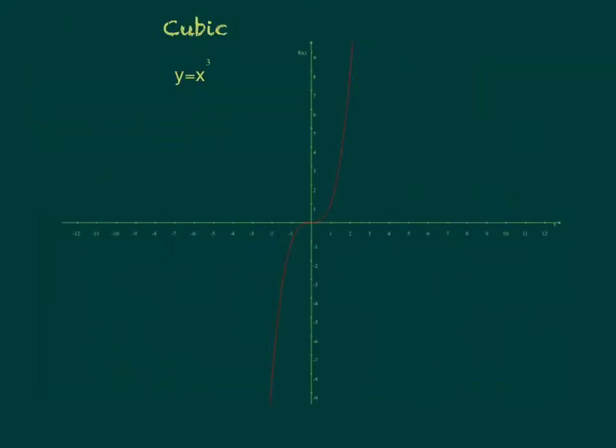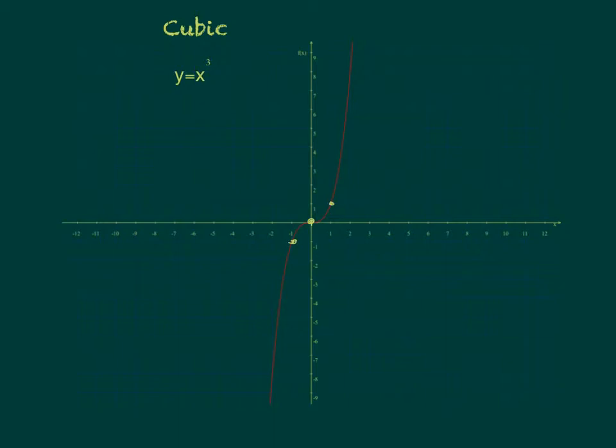Next, we have the cubic function. Instead of it being an x squared, it's an x cubed. The difference between that one is the x squared went up in a U shape. The cubic is going to go down on the left and up on the right. So if we were to graph it, it's still going to go through the point 0, 0, still going to go through the point 1, 1, but going to go through the point negative 1 as well.